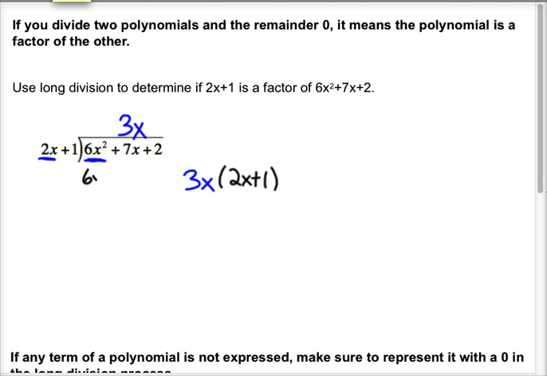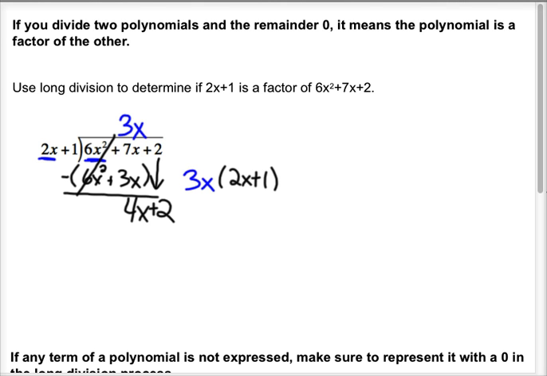That's going to give me 6x squared plus 3x. And remember, after we do that, now we need to see how close did we get. So I'm going to subtract it off. Well, 6x squared minus 6x squared cancels off. It's done. 7x minus 3x is going to leave me 4x. And then remember, you pull down your next term and get 4x plus 2.